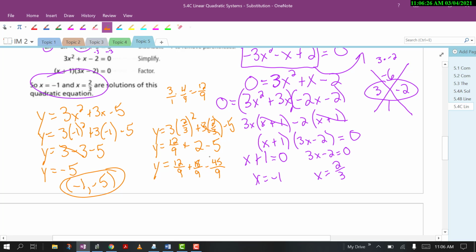So 12 over 9 plus 18 over 9 minus 15, or 45 over 9, excuse me. 12 plus 18 is 30, minus 15 is negative 15 over 9. That's our y, but we have to simplify. So it's negative 5 over 3. So our other solution is 2/3, comma, negative 5 over 3. Not pretty, but it works.